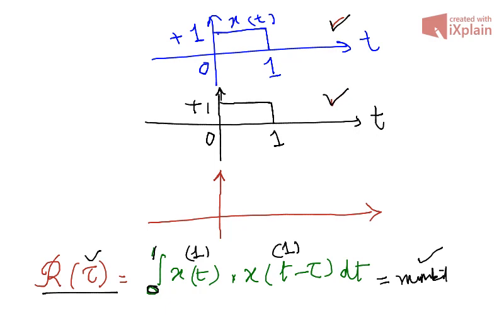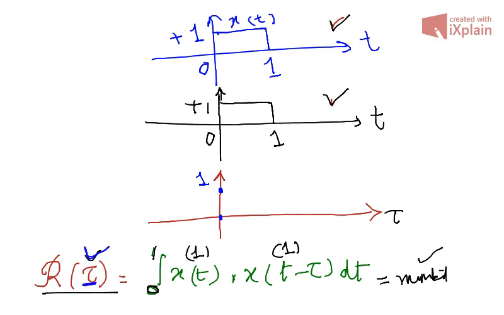If you integrate it from 0 to 1, you would get 1. So here this is the tau axis, and the first value which we get is unity, which is 1.